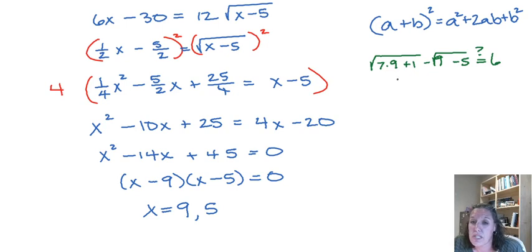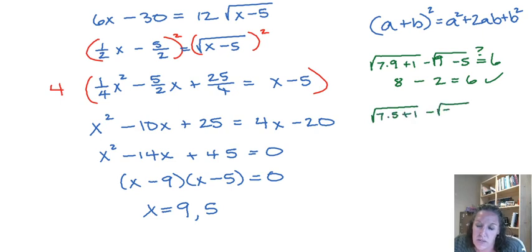The square root of 64 is 8. 9 minus 5 gives us 4 in the second square root. Square root of that is equal to 2. And 8 minus 2 is equal to 6. So that one works.